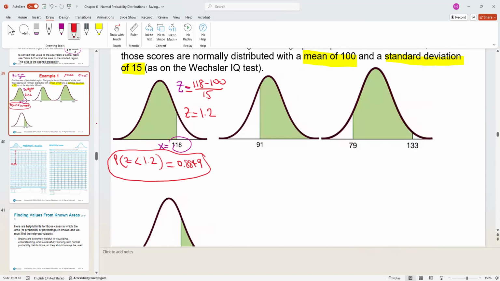Now, because we use the same mean of 100 and standard deviation of 15, here x is 91. If you do 91 minus 100 over 15, we use the exact same formula: z equals x minus the mean over sigma.